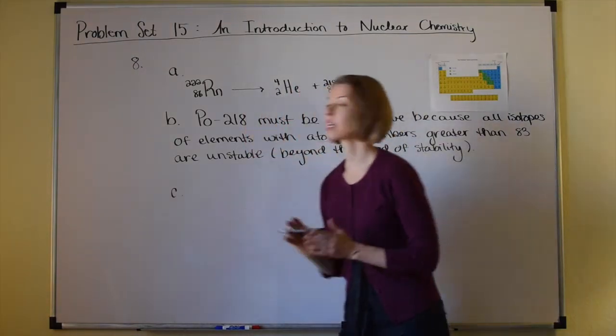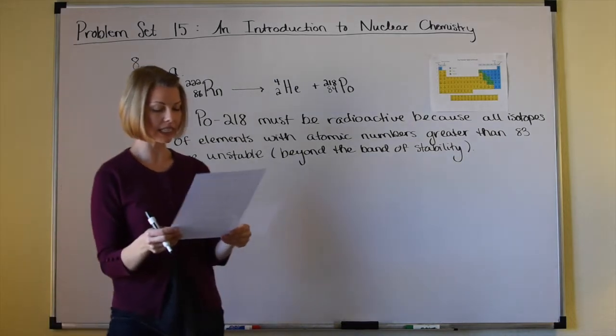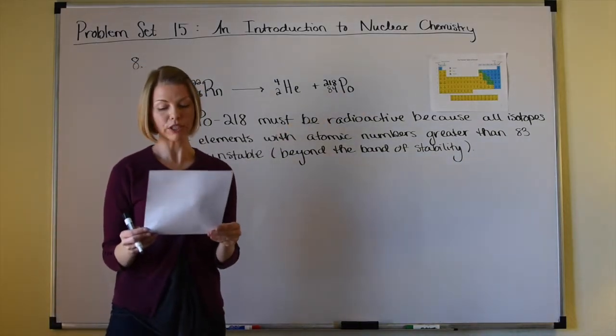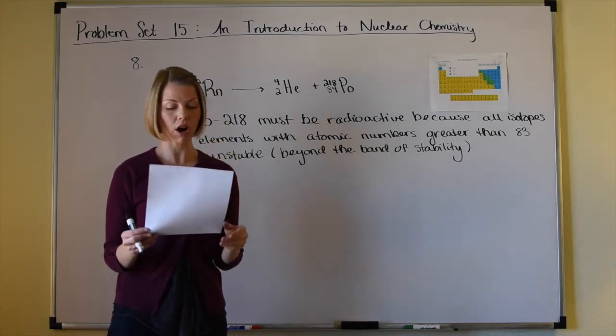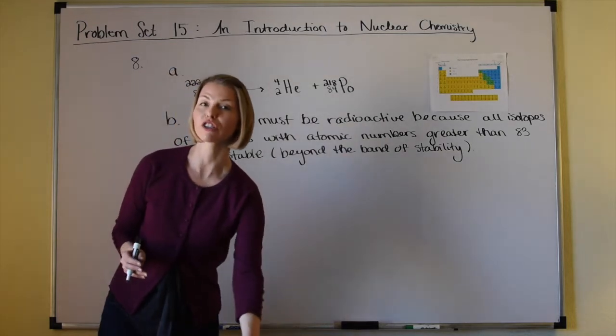Okay, and C, last but not least, the product of this decay is a solid. So polonium-218 is a solid, which becomes trapped in the lungs and causes further damage. If this product is radioactive, what type of decay do you expect it to undergo?